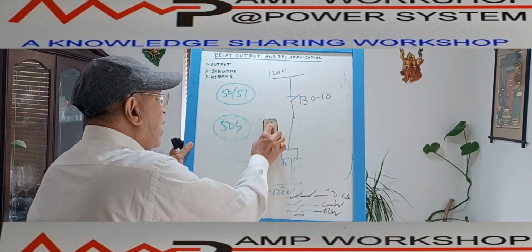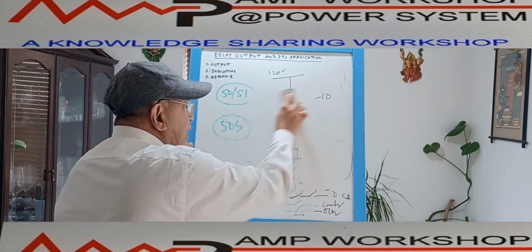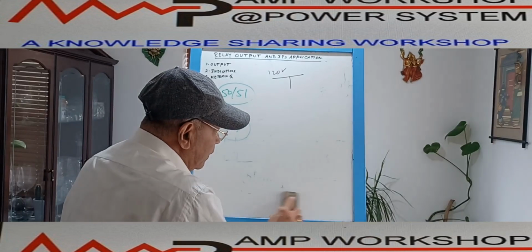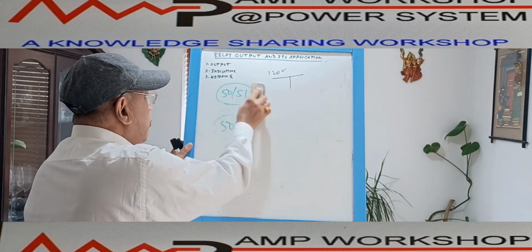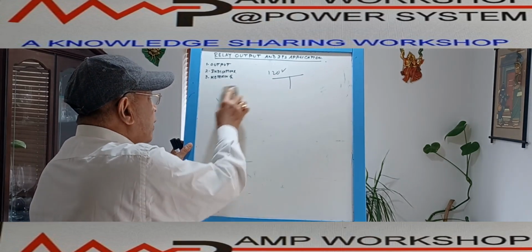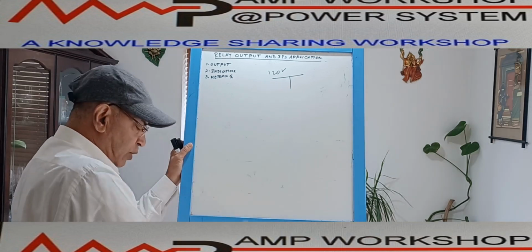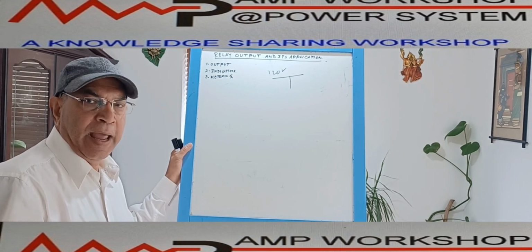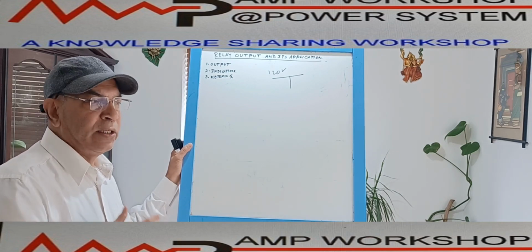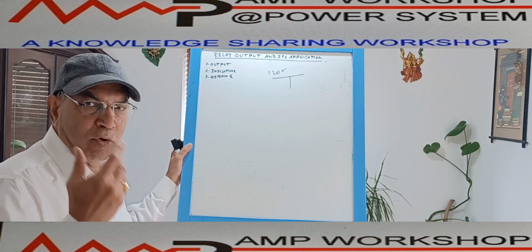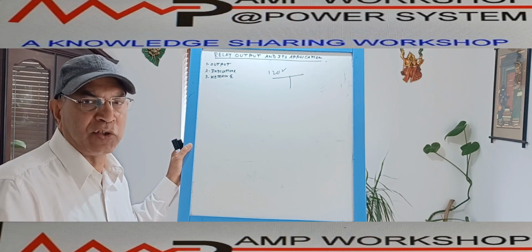Similarly, this binary output we can assign for alarm indication purposes. How is it? Suppose we want that when the overcurrent condition is operating, at that time we want this operating condition to be alarmed to the annunciator.